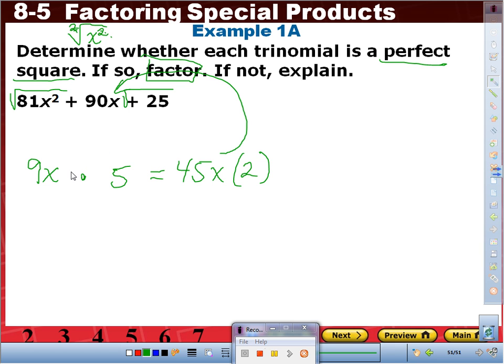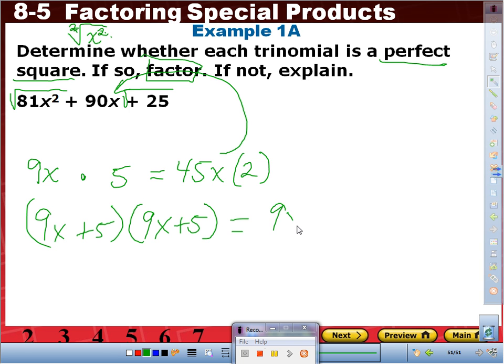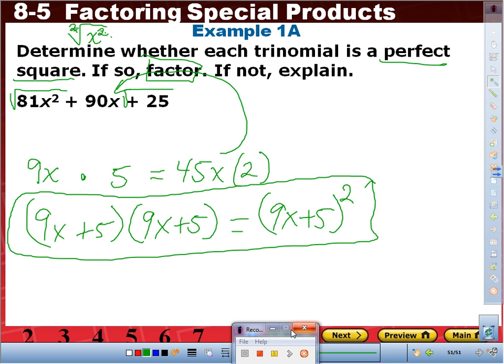Factor. So this is how we factor. Everybody look up, please. 9x plus 5, and if it's a perfect square, we just do it again, right? 9x plus 5. What's another way of writing this? 9x plus 5 to the second power. And we're done. Copy that, please. For right now, copy both.